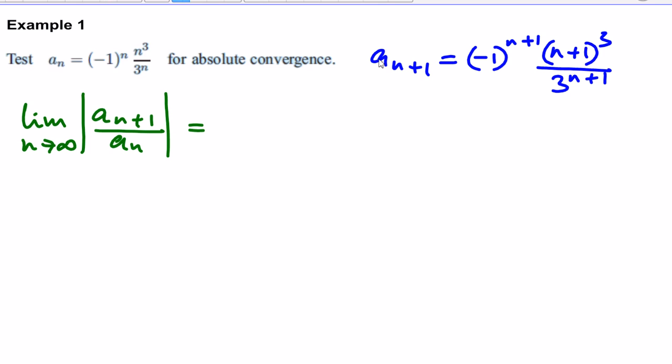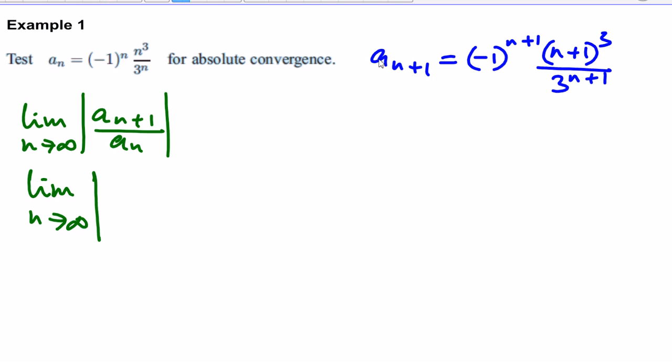So what that means is that will be the limit as n approaches infinity. Let me write it below here. So limit as n approaches infinity of absolute value.